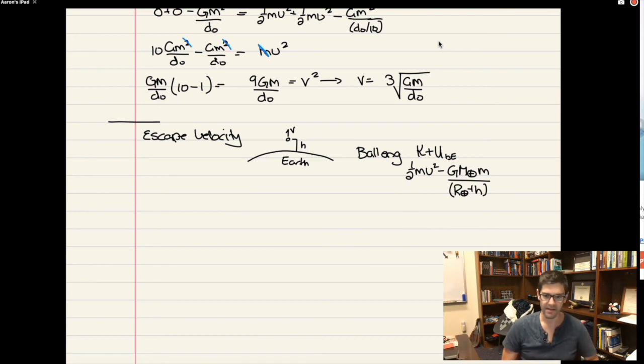So I could write this as the total energy of my system. And I could ask, what is the minimum velocity I have to throw this ball away from the Earth such that it never comes back? We call that the escape velocity.